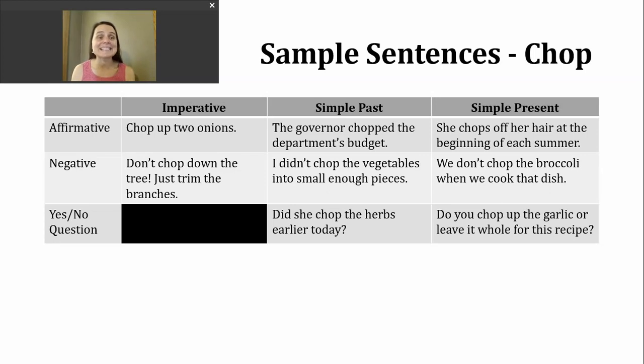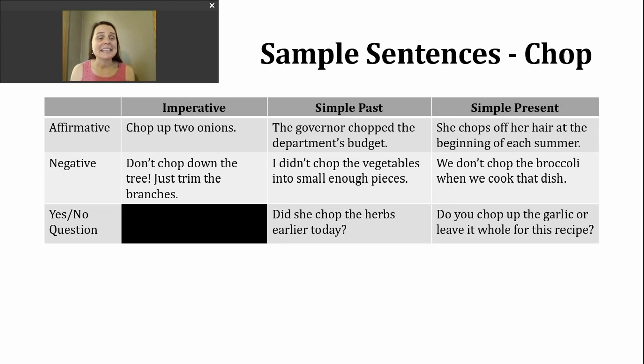So this sentence is describing a habit or a routine that this particular woman engages in at the start of each summer. If I was talking about two women, right, I would say they chop off. So the thing to remember about the simple present and the affirmative is if our subject is he, she, or it, we're going to need an S on the end of our verb.